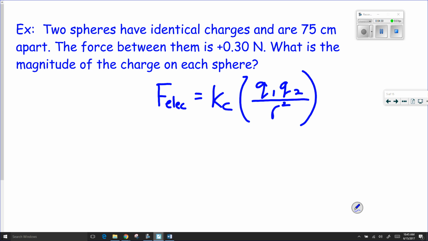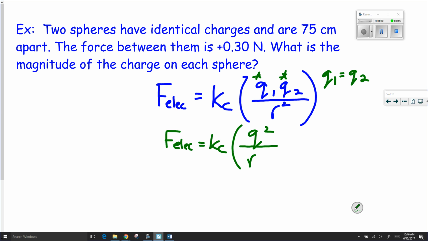My goal is to find these two charges. And I know, because the problem told me so, that Q1 is equal to Q2. So I can rewrite this as electric force equals K sub C Q squared over R squared. And I can make that relationship because Q1 is equal to Q2.